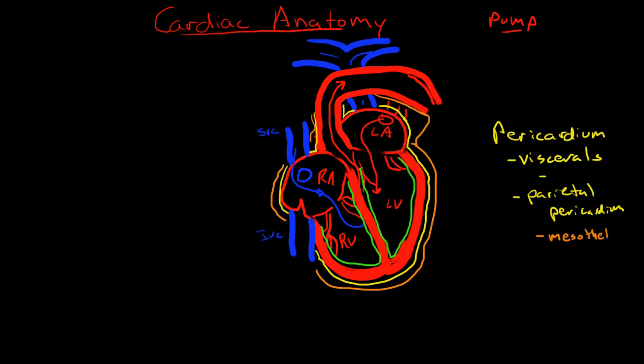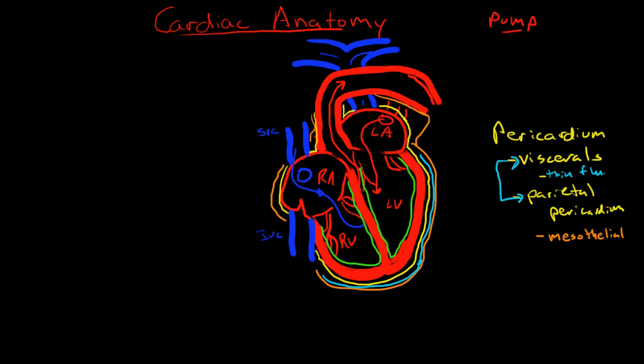And these mesothelial cells secrete fluid into the pericardial space. And the entire pericardial space may have about a teaspoon of fluid, so it's just one sort of single, very thin layer of fluid. That's why it's called a potential space, because the visceral and parietal pericardium are sort of connected together by this thin fluid layer.